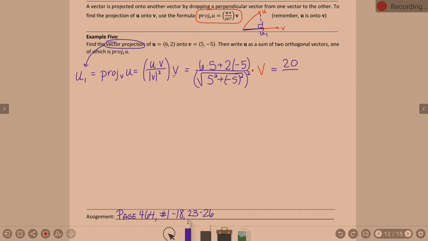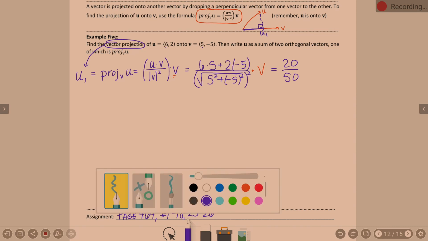Negative 5 squared is 25. 25 plus 25 is 50. And then it's the square root of 50 squared. What's the square root of 50 squared? 50. So this is just going to be 20 over 50, and then times still vector v.